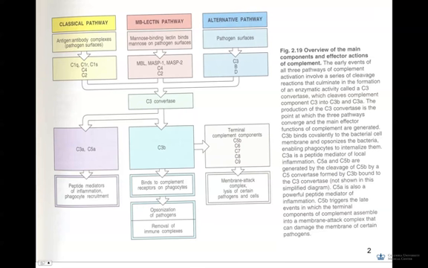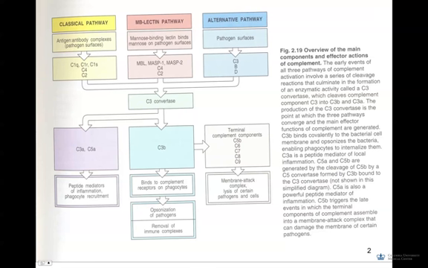And then the last outcome of complement is actually the most remarkable one. And it involves the most numerous complement proteins. So you can see this long list of complement proteins. What happens here is these complement proteins, when they become active, bind to each other and form a membrane channel, and that channel gets inserted into the pathogen's cell wall.